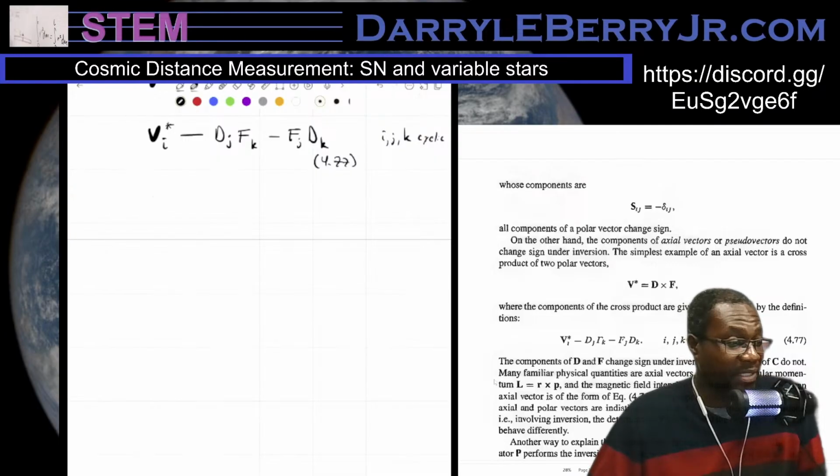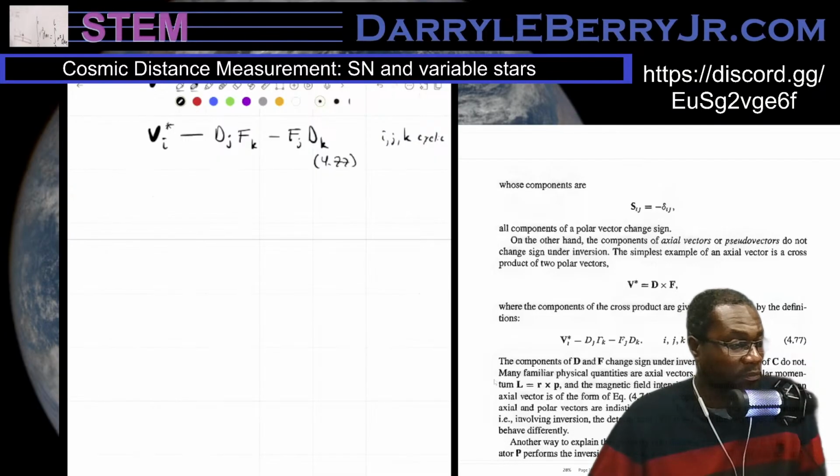Components of D and F change sign under inversion. Hence, those of C do not.